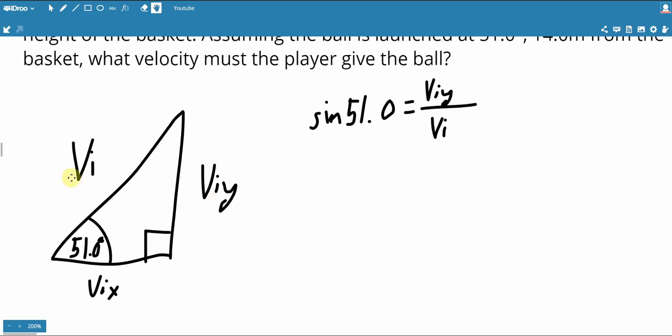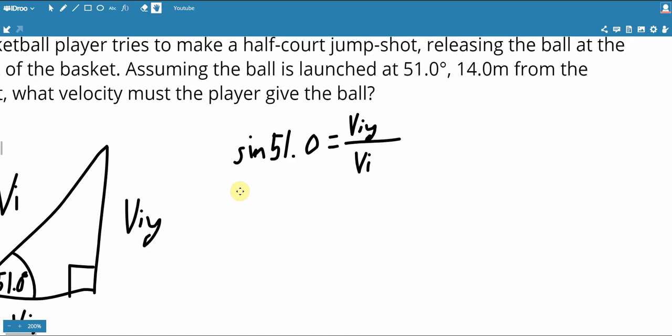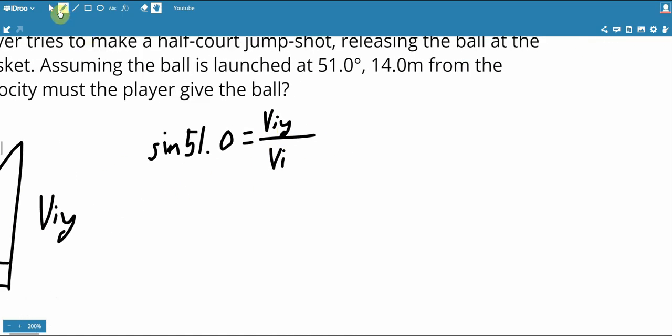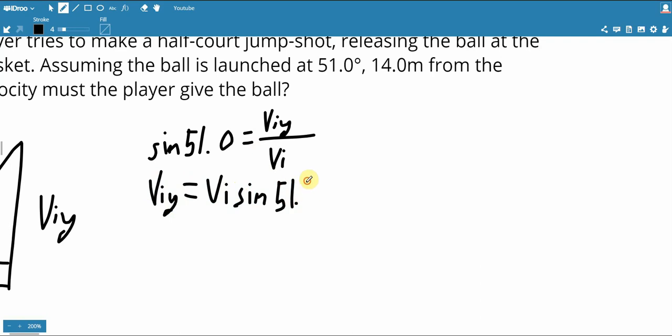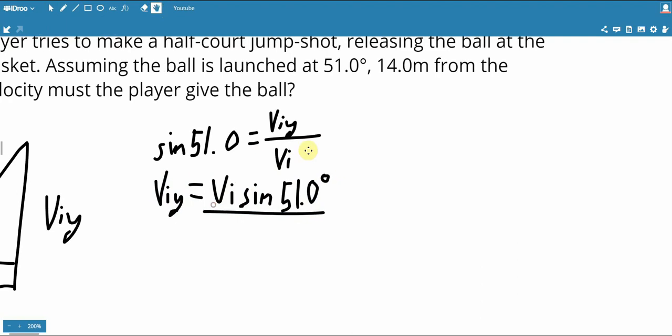We're looking for an expression for VIY. So VIY equals, multiply the VI over, so it's just VI sine 51.0 degrees. Okay, that's our expression for VIY.